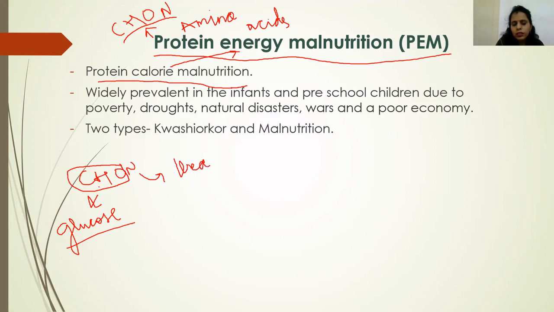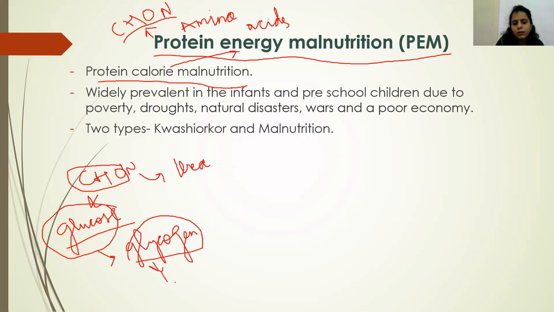Many glucose molecules together get converted into glycogen and are stored in liver cells. Where is it stored? It is stored in liver cells.